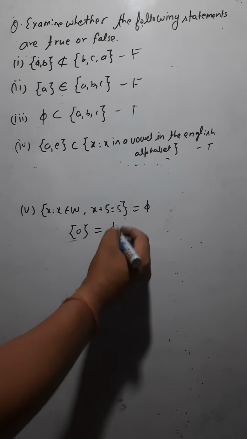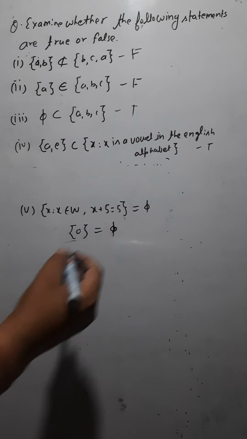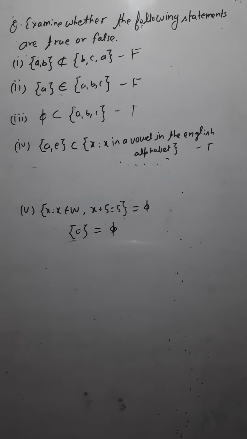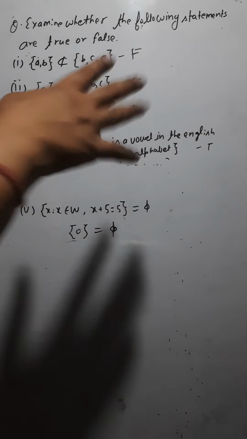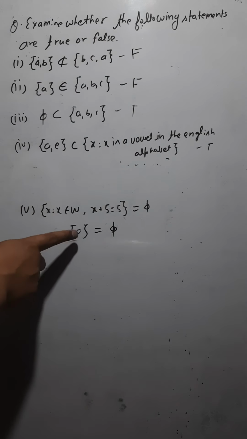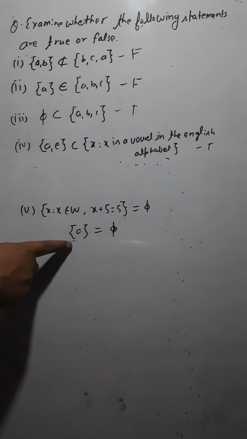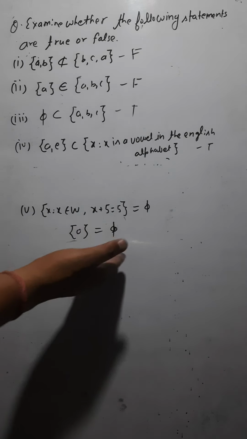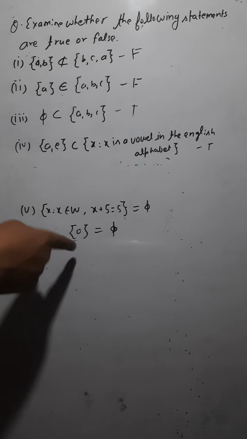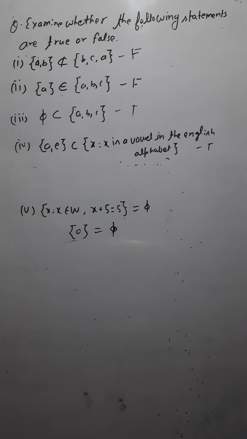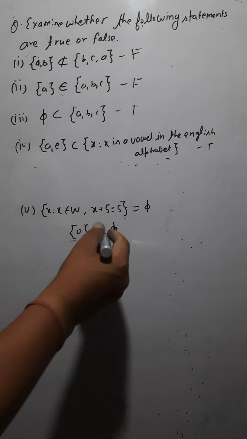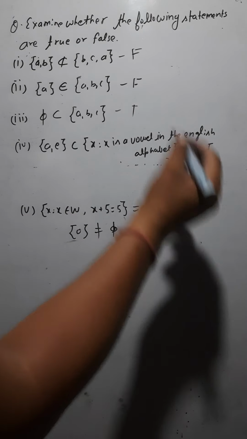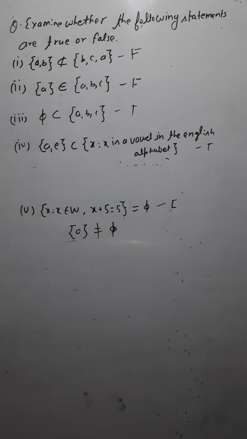Does it equal phi, the empty set? No. This is a singleton set. Here you have the element 0, but the empty set does not have an element. So you cannot write that the set containing 0 is equal to phi. So this statement is again false. Just note it down, then we will move ahead.